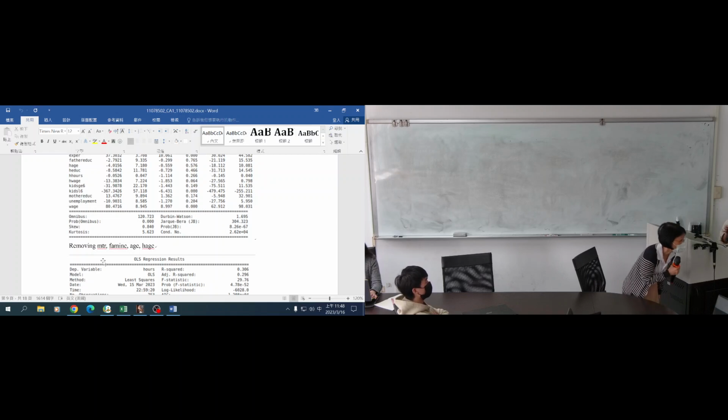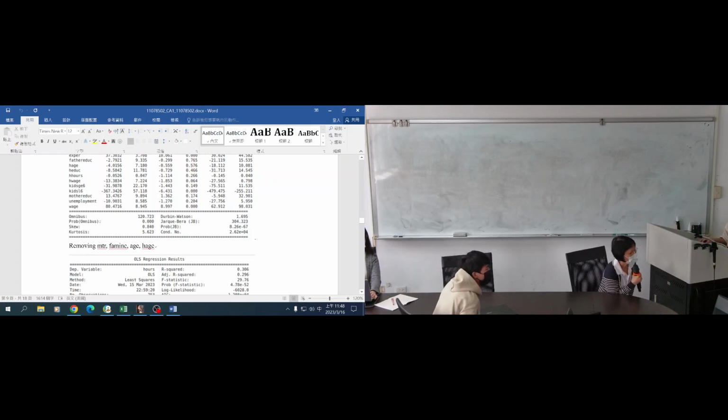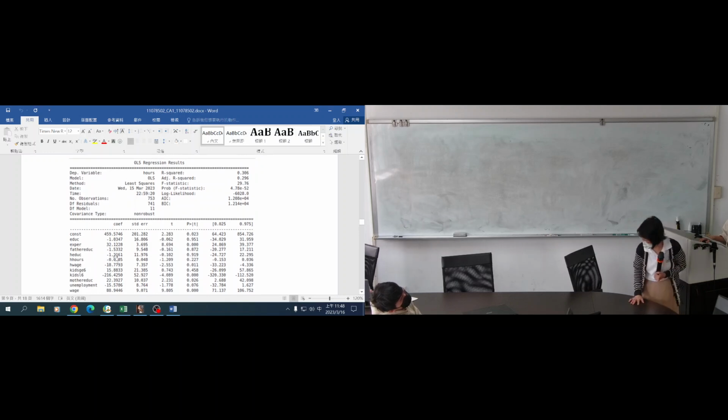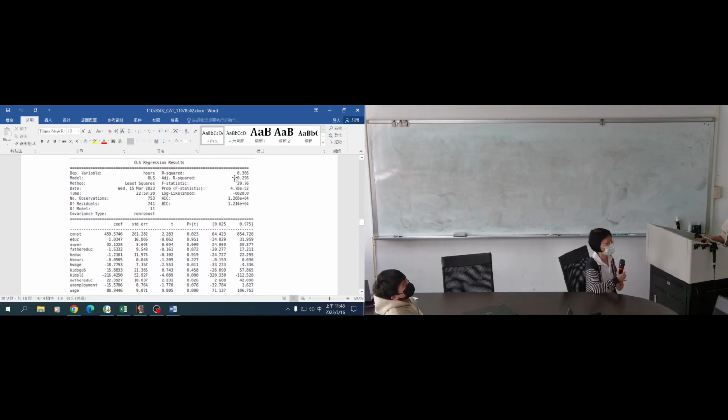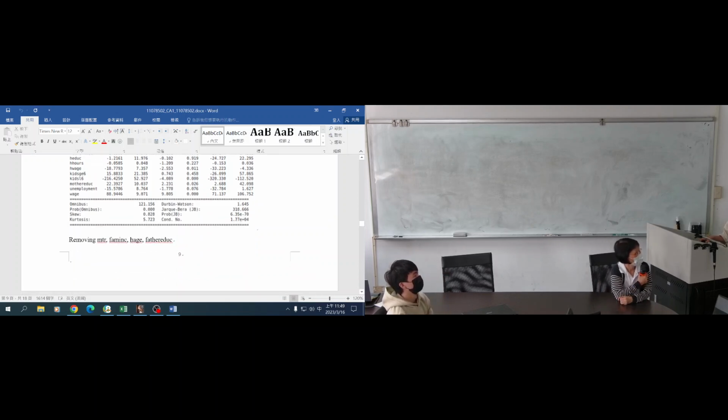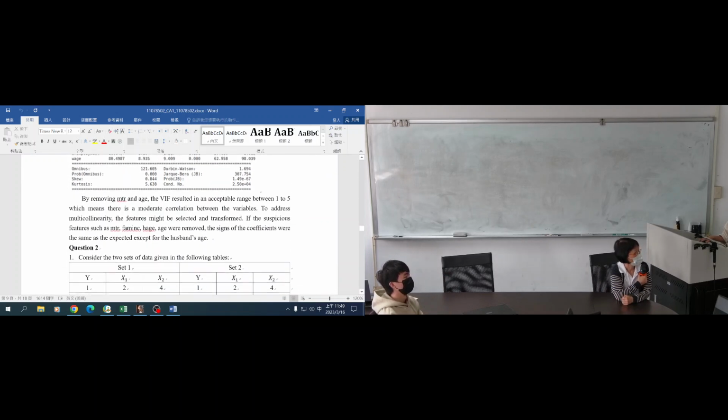Yeah, and then I tried to remove these 4, because these 4 were quite suspicious from the previous correlation analysis. And the R squared is still the same, low. I just tried those things.